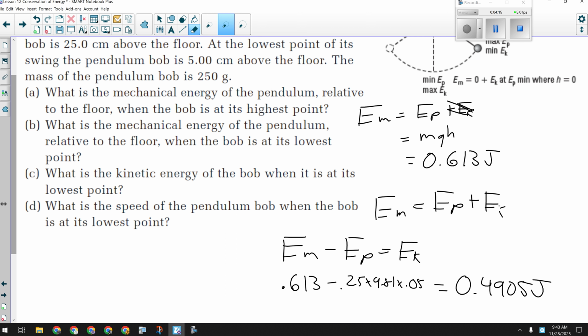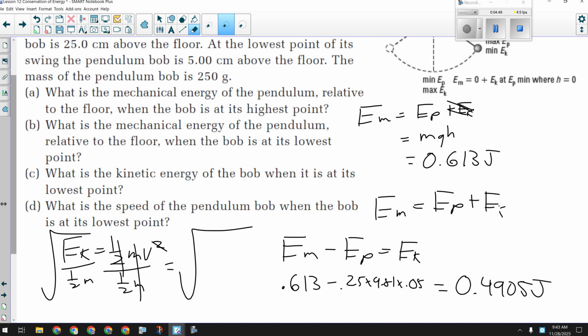Now that I know that, would it be fairly easy to calculate the speed of the pendulum there? Well, I know the pendulum's mass, and I know its kinetic energy, because we just calculated that. So I could do this then. If I divide both sides by half of m and square root it, that'll get me v.